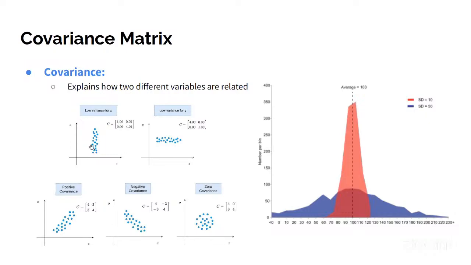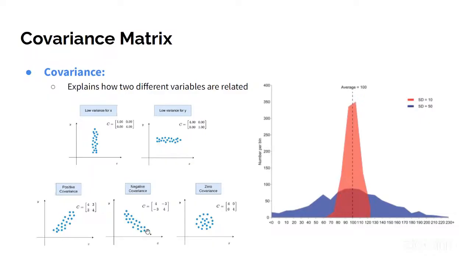If you want to do it across 2 or 3 or 4 variables, you have to calculate something called the covariance. If your data is like this, there is not much spread along the x-axis, so x will have lower variance. If your data is like this, it's not spread across the y-axis, so lower variance for y. This is the single variable case. If your data is like this, you have positive covariance.